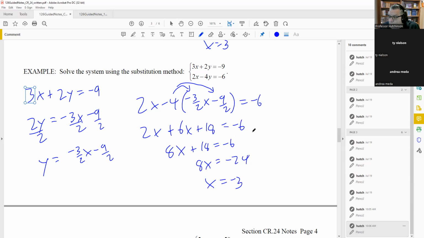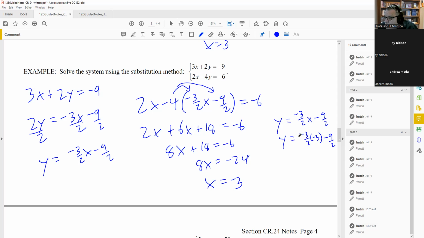Now that we have that, since we already solved for y earlier, we'll put it back into there. So y equals -3/2 x minus 9/2. So we have -3/2 times 0. I'm sorry, no, it's -3. Okay, so -3 in there, minus 9/2.